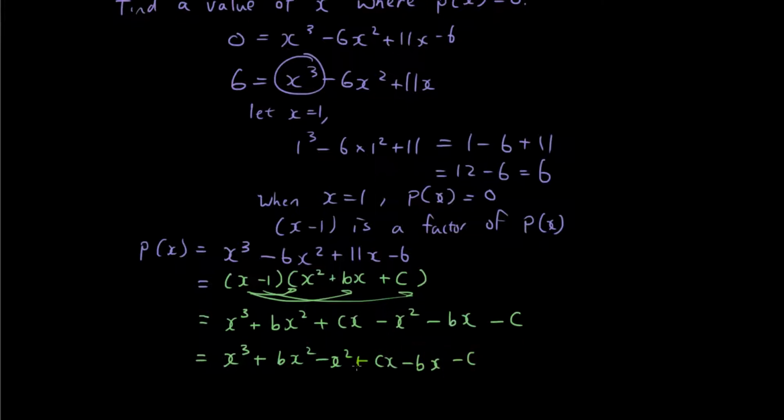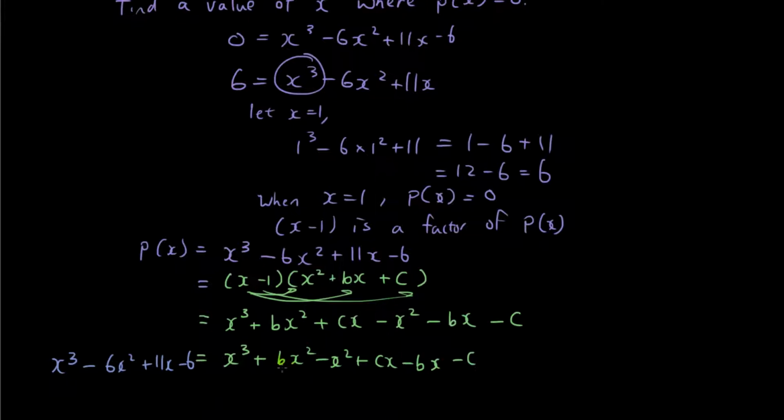There's really no way to simplify that. So that's the right hand side. The left hand side is still x cubed minus 6x squared plus 11x minus 6.